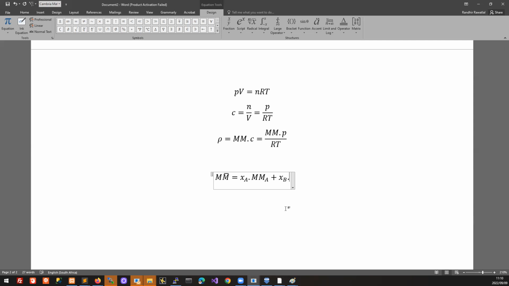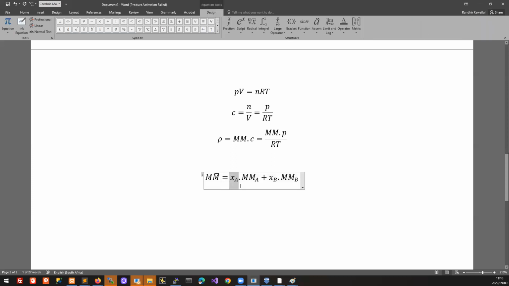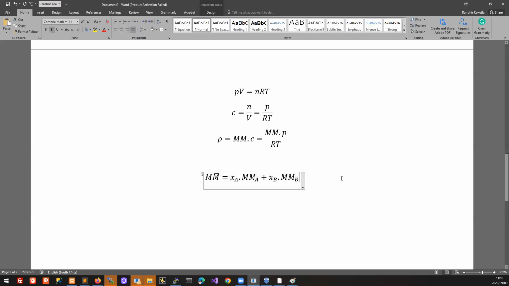So if you multiply the mole fraction by the molar mass, then this is going to be the total mass, and so that's your overall molar mass. Of course, if you have instead the mass fraction, then it has to be 1 over the sum of mass fraction over molar mass. So if it's mass fraction, then you have to do this, right?